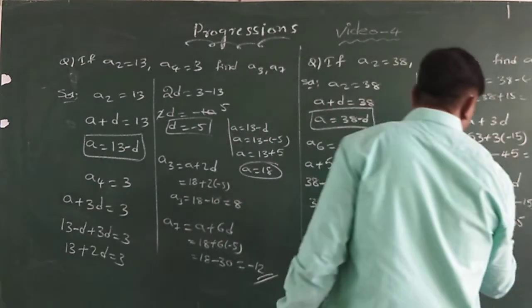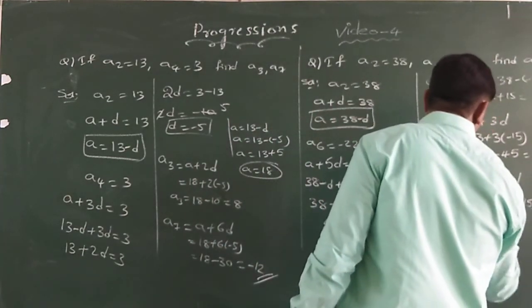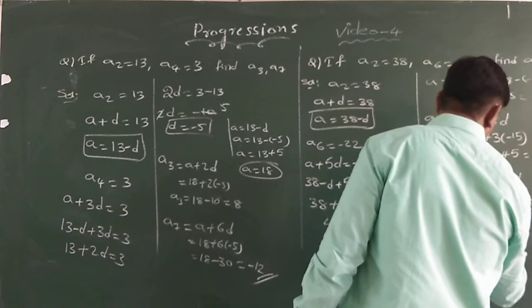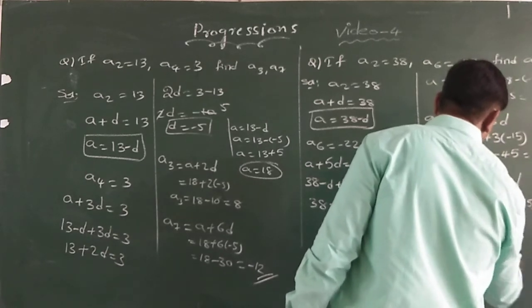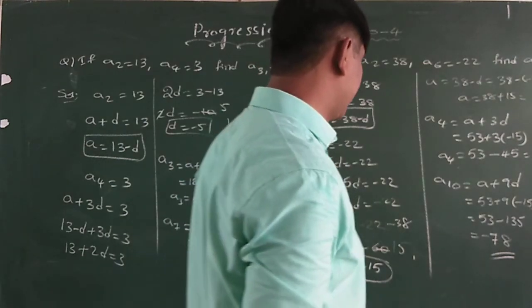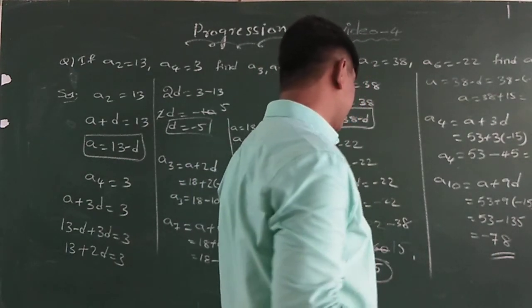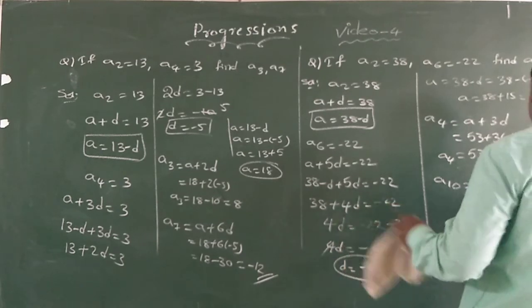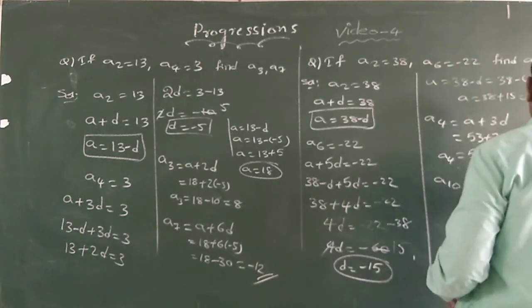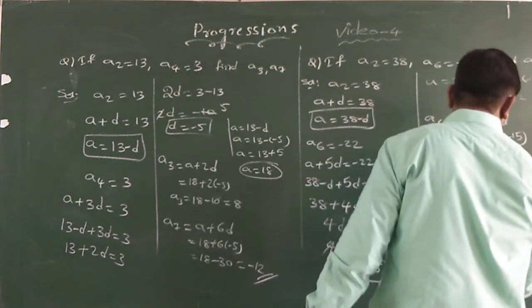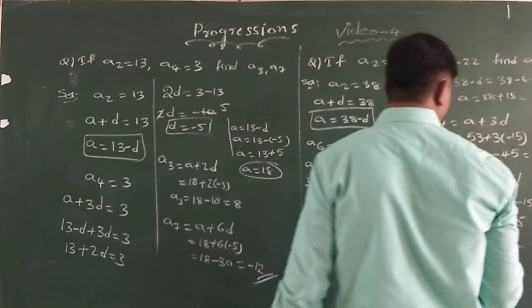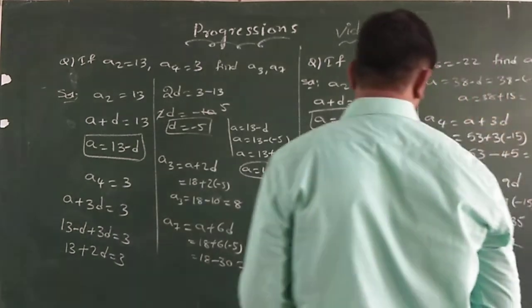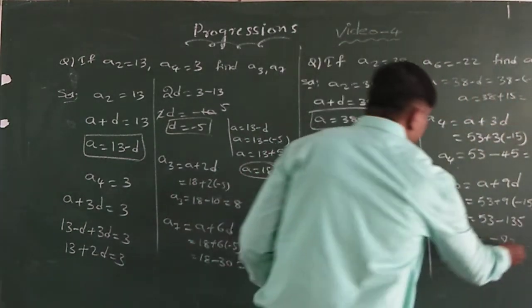Now subtract this. 53 minus 135 is minus 82. Sorry, let me check. Yes, minus 82.